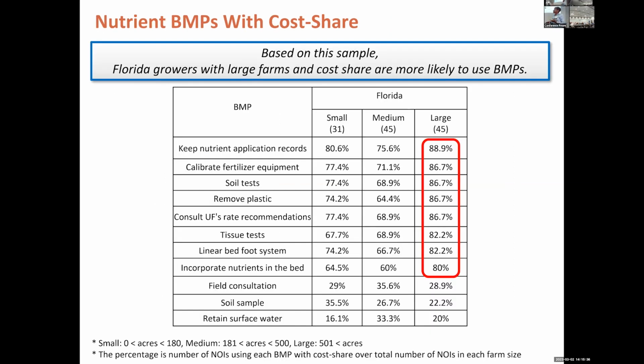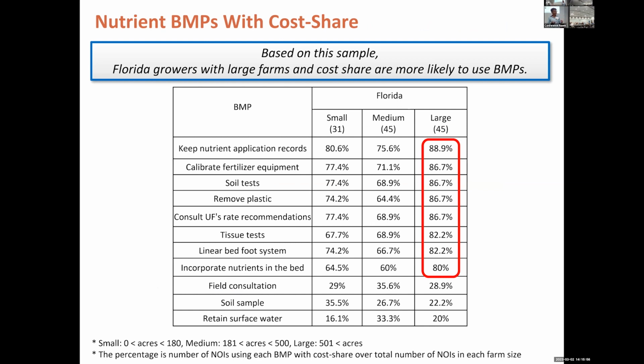And same deal with cost share: we see large farms are adopting more, but we don't see the big jumps. It's not as stark as it was for irrigation. The nutrient practices seem to be closer in use rates across the groups.